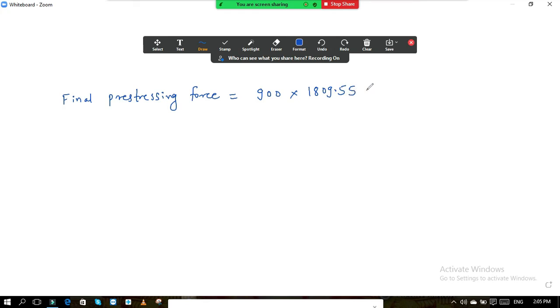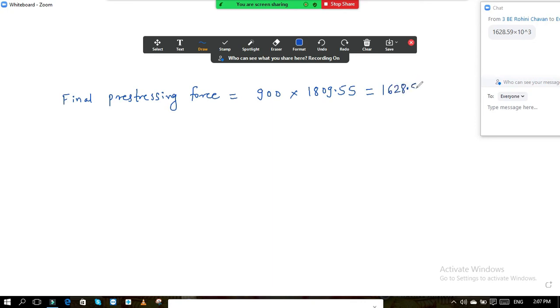Do this calculation and let me know the answer. 1628.59 kilonewton. So this is your final prestressing force. From the final prestressing force, we can calculate the initial prestressing force. Notation for this is P.